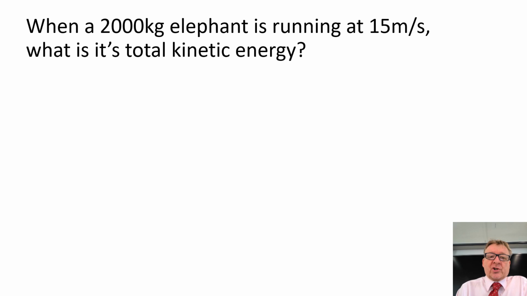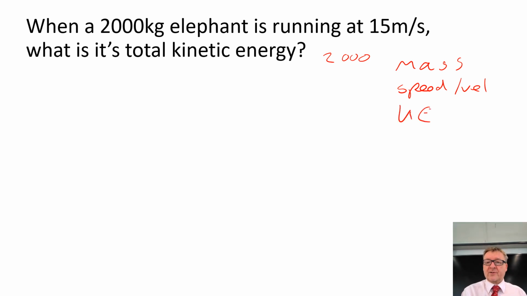A 2,000 kilogram elephant. We need a mass, and we know it's mass because it's in kilograms, so we've got 2,000. Running at 15 meters per second, so that could be a speed or a velocity. What is its total kinetic energy?